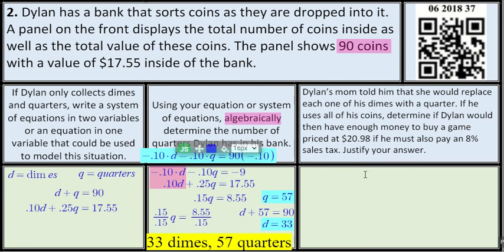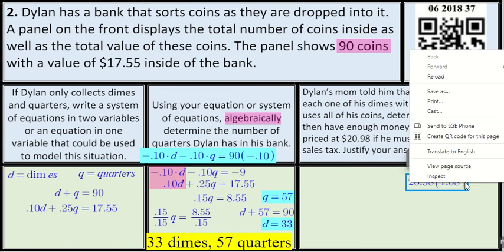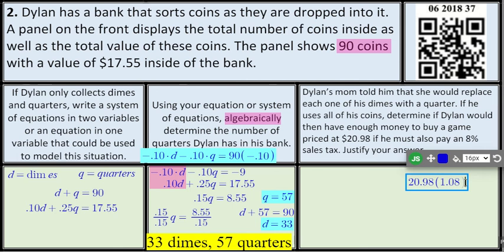So the game costs $20.98, but he has to pay 8% sales tax. So instead of multiplying that by 0.08, I want to actually put the 1 in front, because that includes the $20.98 he has to spend.